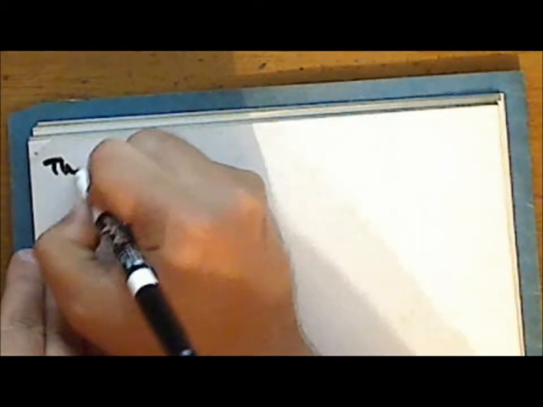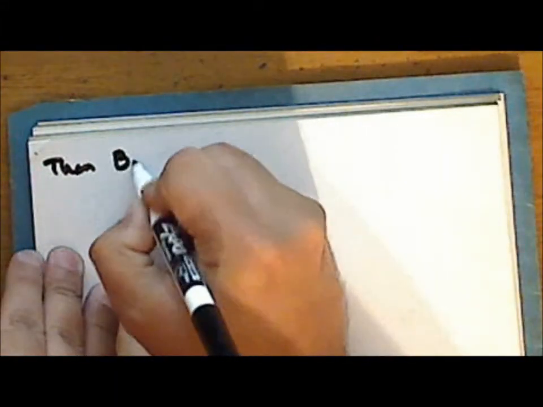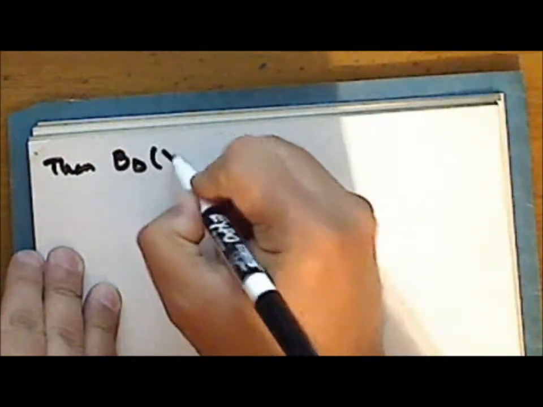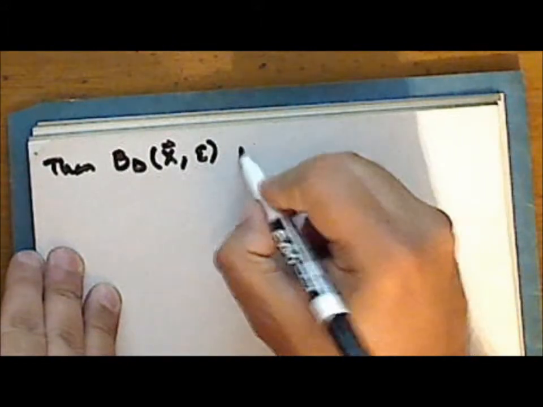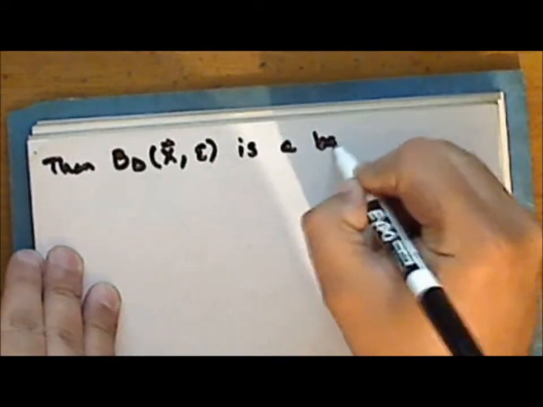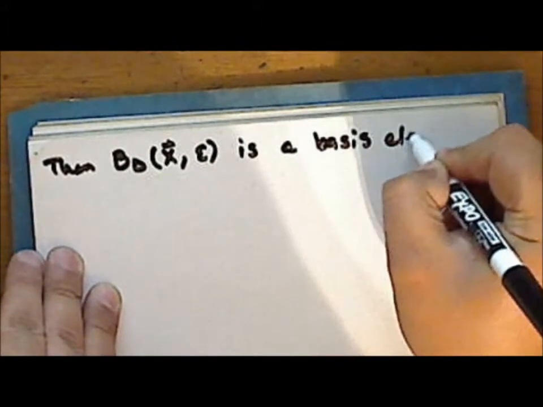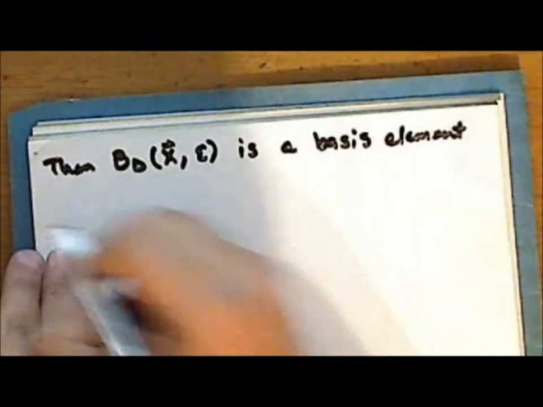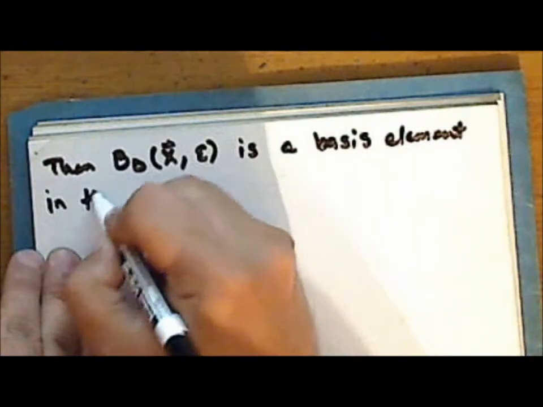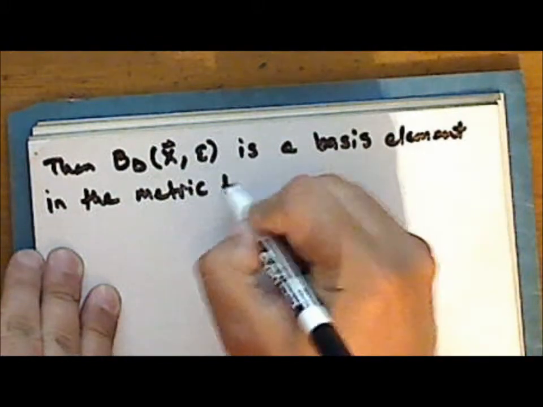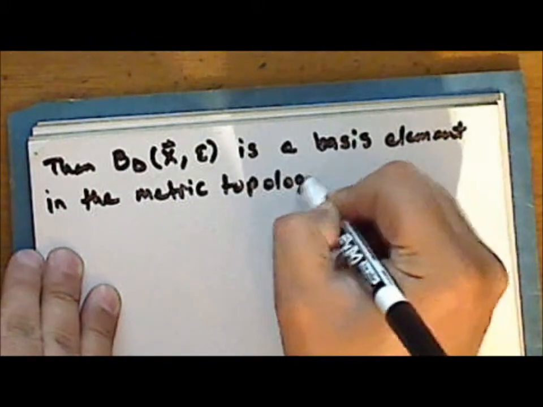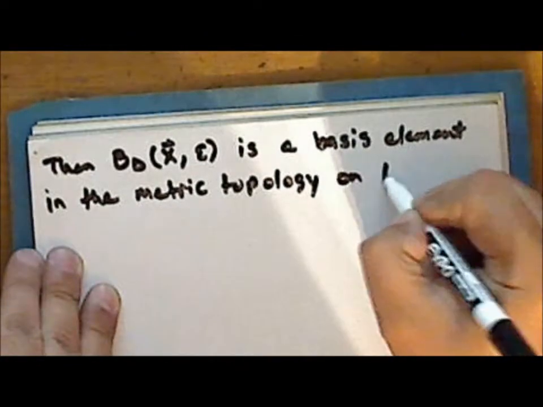Then the open ball under the metric big D, centered at the point X with radius epsilon as just defined, is a basis element in the metric topology on the countable product space.